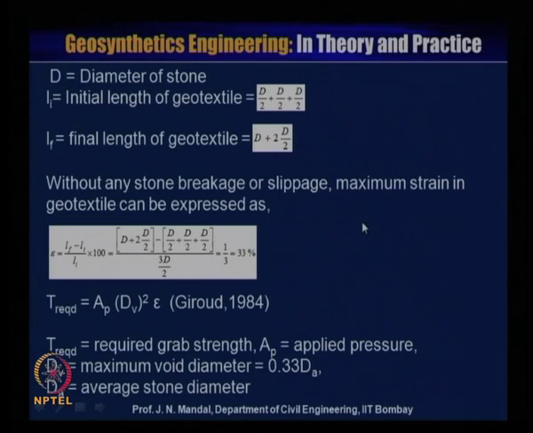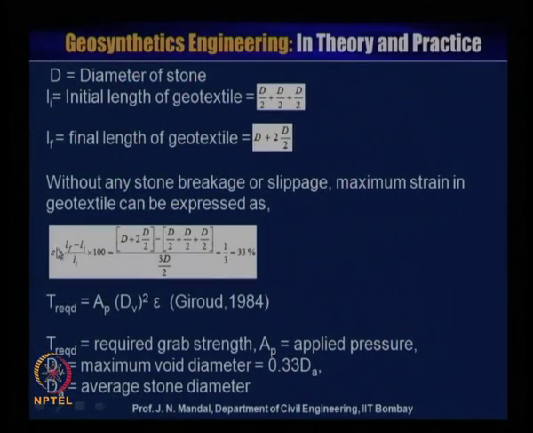So, without any breakage or slippage, maximum strain in the geotextile can be expressed as epsilon equal to (Lf minus Li) divided by Li, times 100.